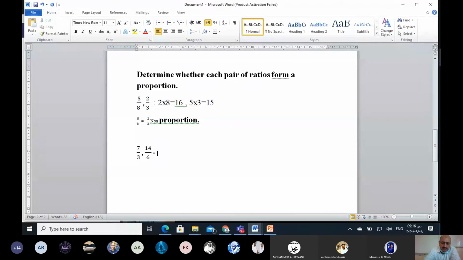Okay, let us check together. Take 14 multiplied by 3, that's 42.